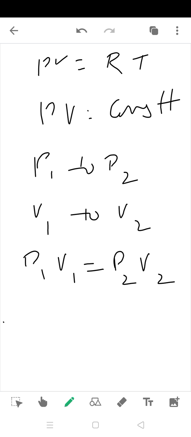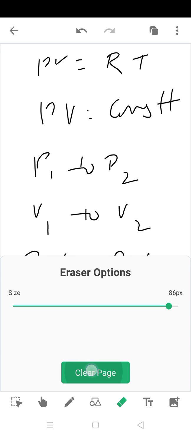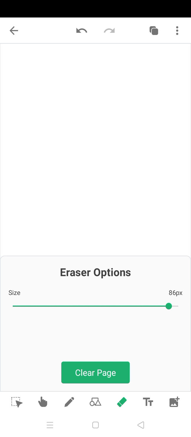Work done in isothermal process. Let us consider 1 mole of ideal gas in a cylinder having a tight and frictionless piston.